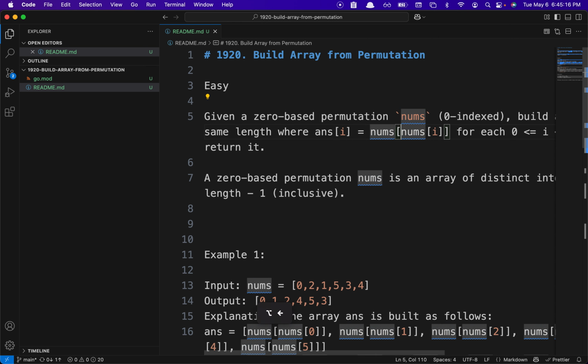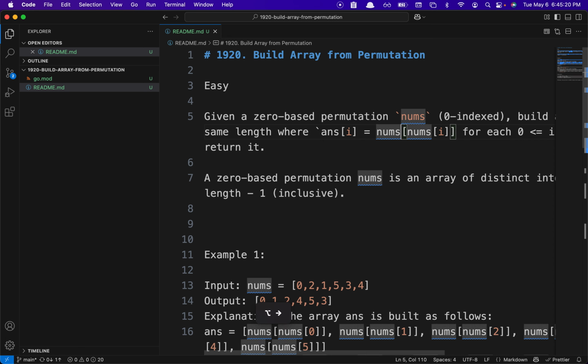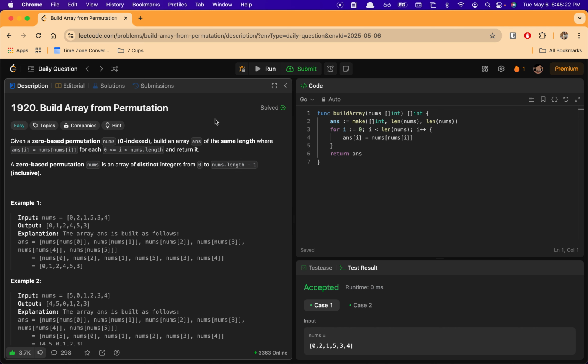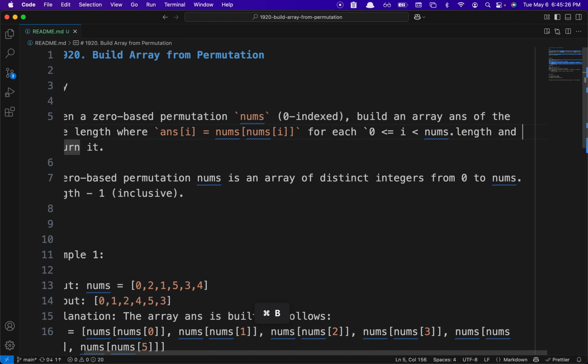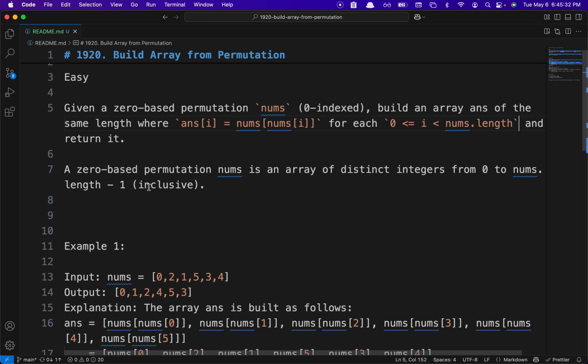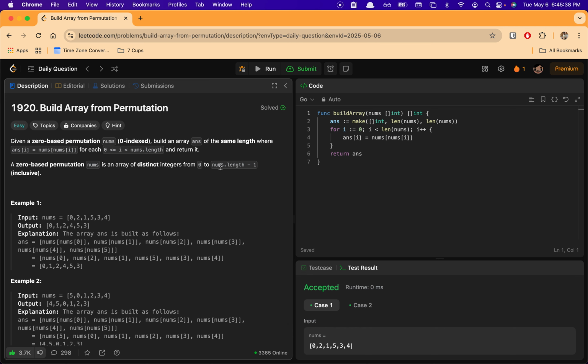Let's actually do this, where layers of values for each... numbers.name and return it. Is that a zero-based rotation? nums is an array of integers from 0 to this.